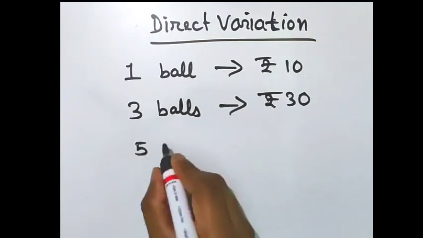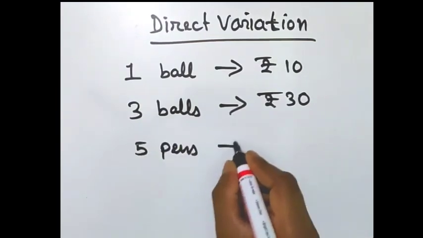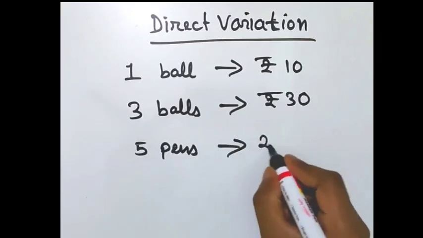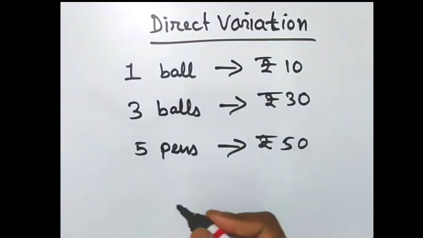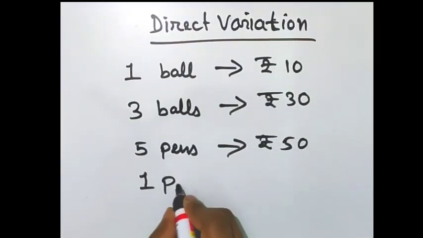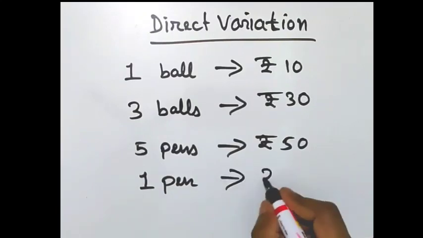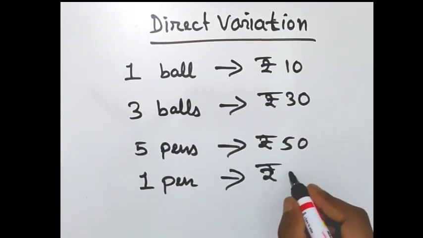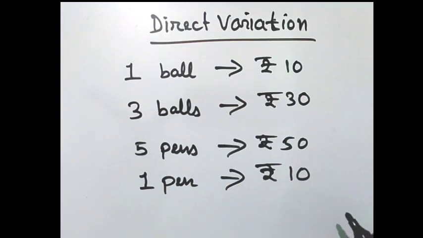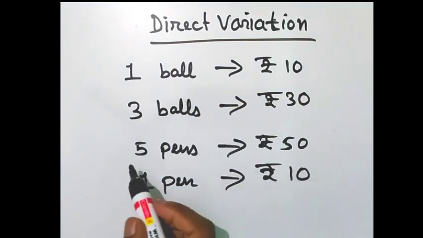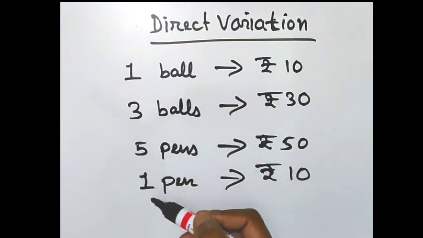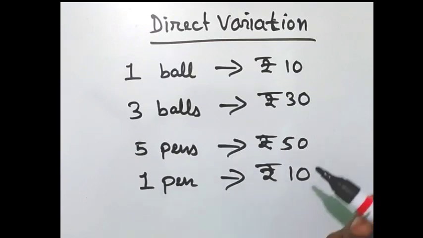If 5 pens cost rupees 50, then 1 pen will cost rupees 10. So here we see if we are decreasing the number of pens being purchased, the price is also reduced.